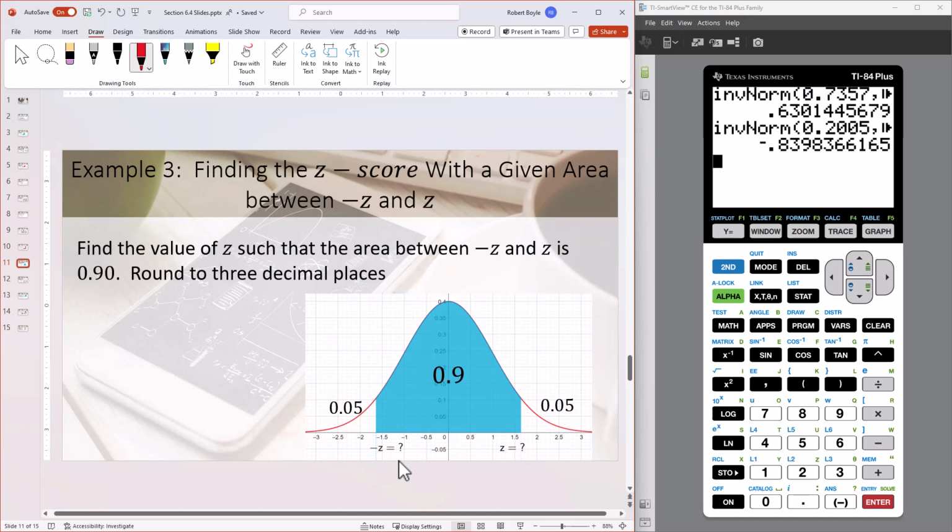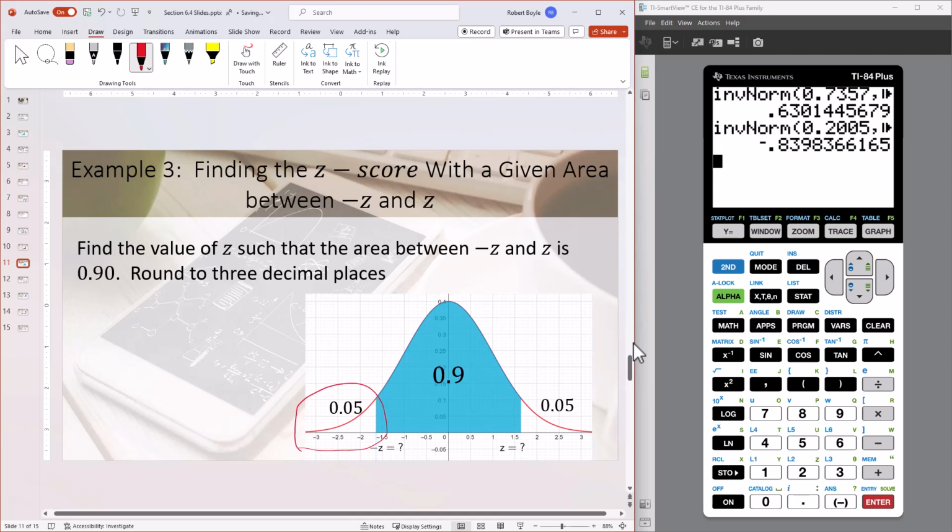And for my last example, we are going to need to find the z-score for a given area between negative z and z. In this particular case, we want to find the z-score such that the area between negative z and z is 0.9, and we want to round to 3 decimal places. Well, once again, the important thing to remember is that your TI-84 Plus and Hawk's only work with areas to the left.